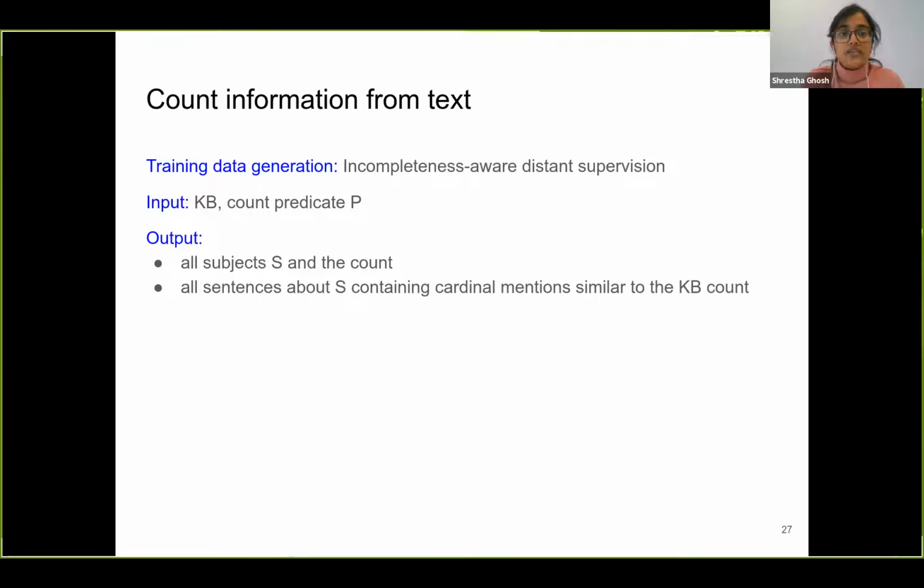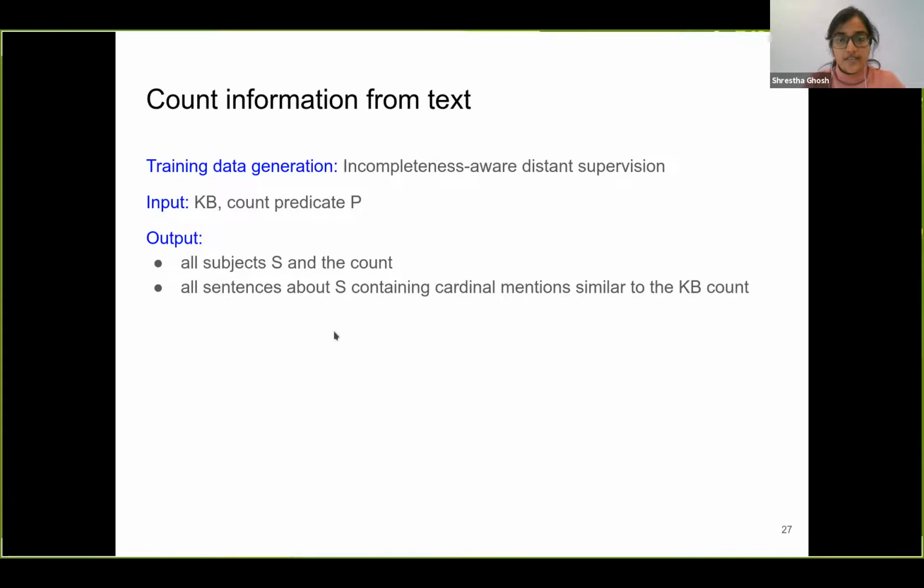Now, how do we generate the training data? It is done by incompleteness aware distant supervision. Basically, we take input from the knowledge base for a given count predicate. So if you're talking about children, we take all the subjects which have this predicate and the count associated with it, and we take all the sentences containing cardinal mentions, which are similar to the KB count.